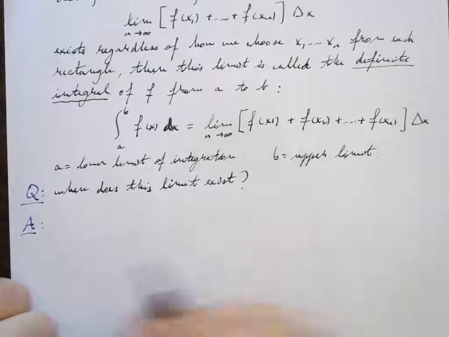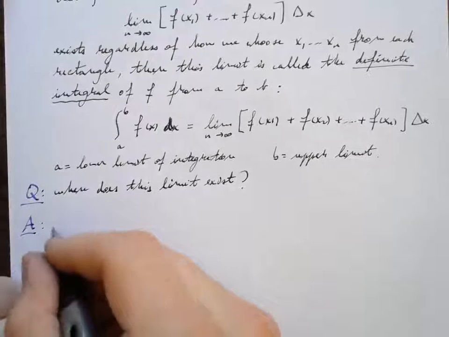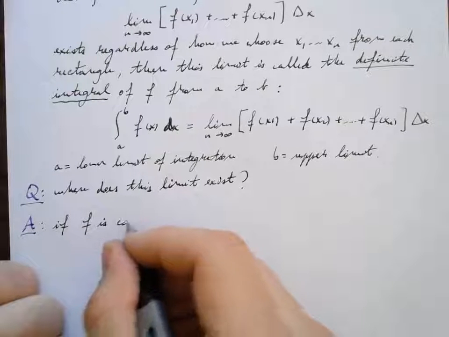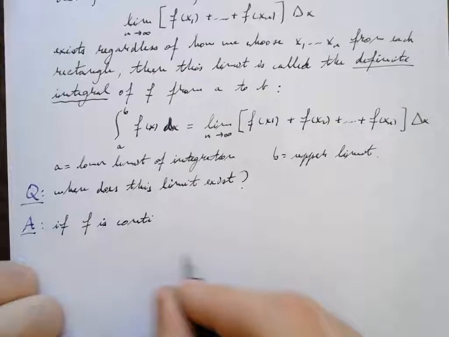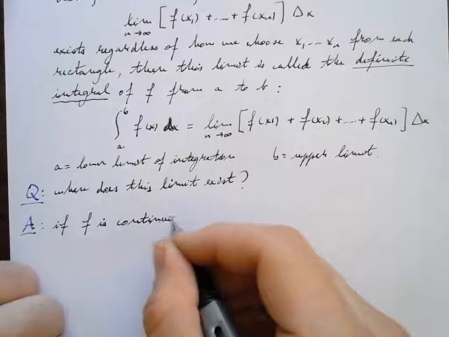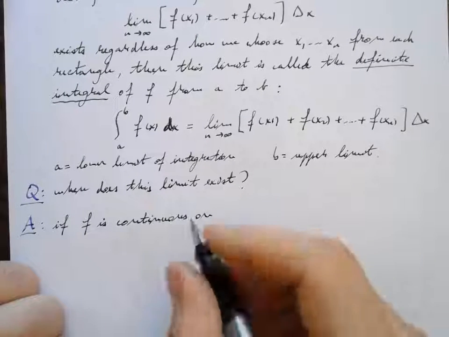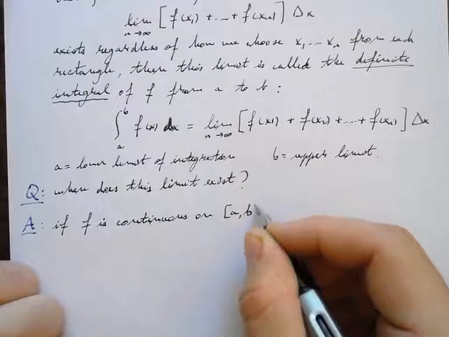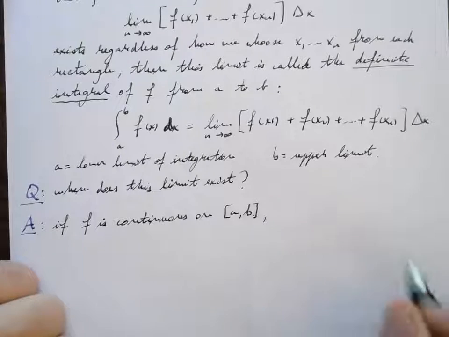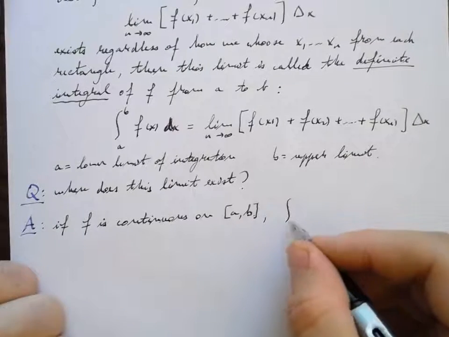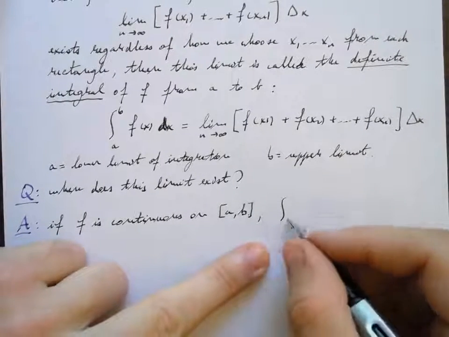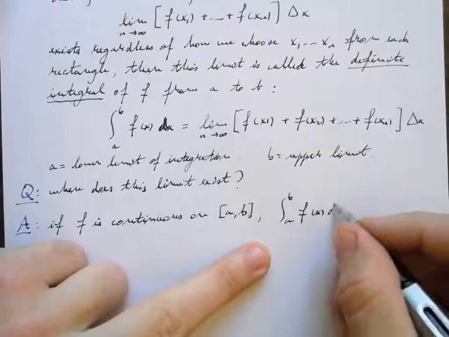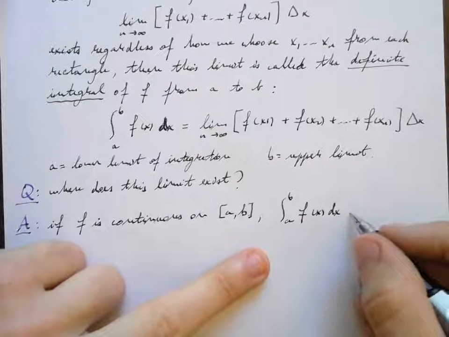And the answer to that is if f is continuous on the interval from a to b, then the integral, or the limit, from a to b of f of x dx exists.